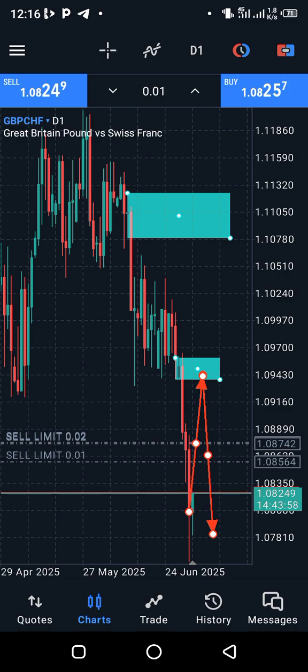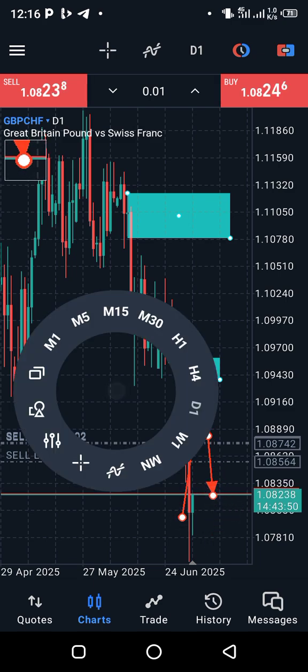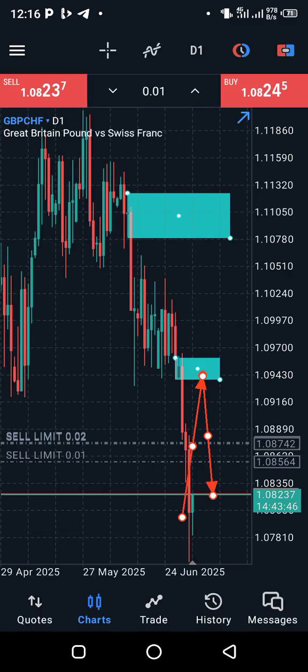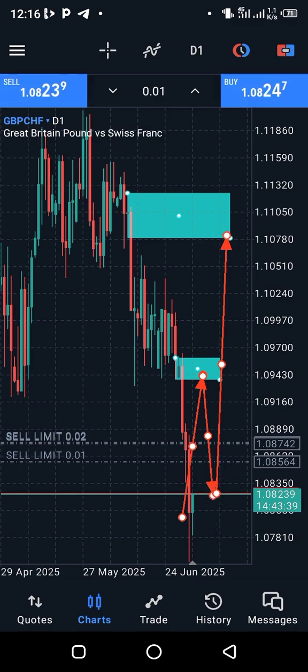So if price is to change momentum, it may first push up to that area, pull back a bit up to maybe this demand zone, and then afterwards continue upwards towards this initial area, because that supply level hasn't yet been retested. So that's why I'm expecting price to do that.